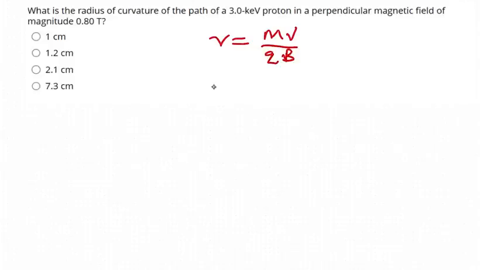and the B is already given to us, 0.80 Tesla.